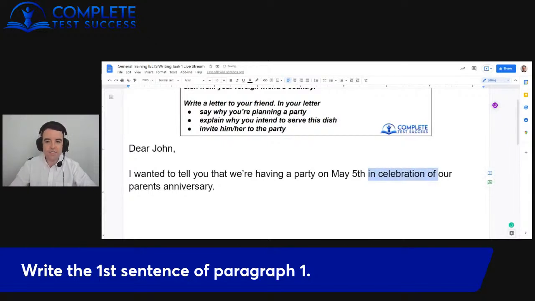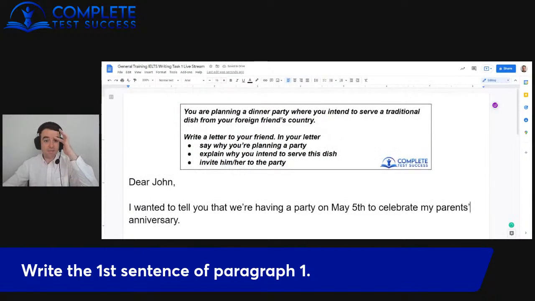And then in celebration of, so again, the language is good, but again, it's too formal. You have to have informal language in an informal letter. So to celebrate our parents, you're writing to a friend, so say my parents would probably be our parents' anniversary. Okay, so that there makes sense.